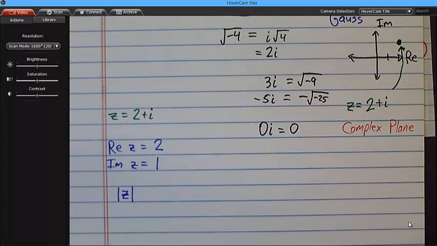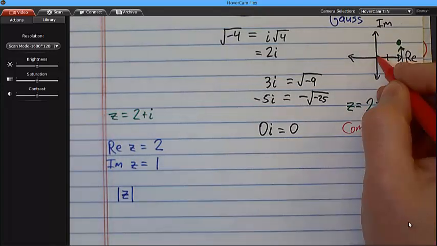How far you are from 0. Distance from 0. And that's why absolute values are always what? Positive. Okay? So we still want that to be the case. We want absolute value to be the distance from 0. And so on the picture, I want to measure this distance right here.